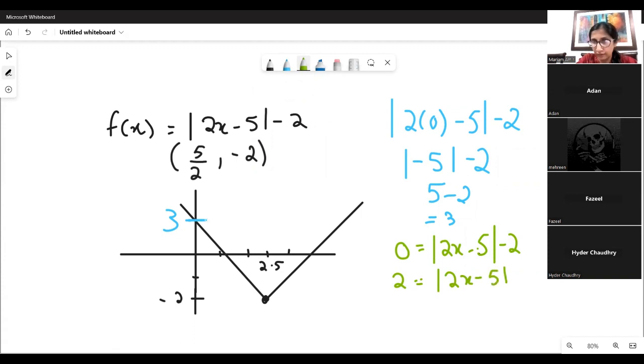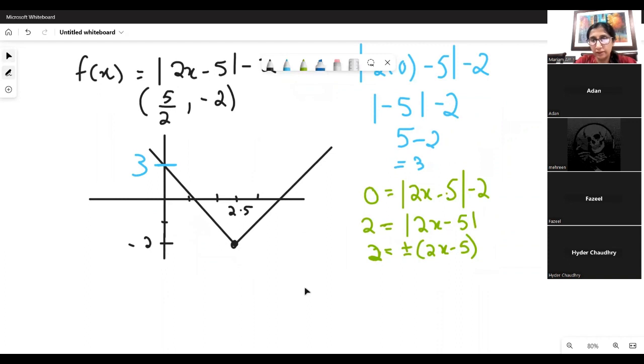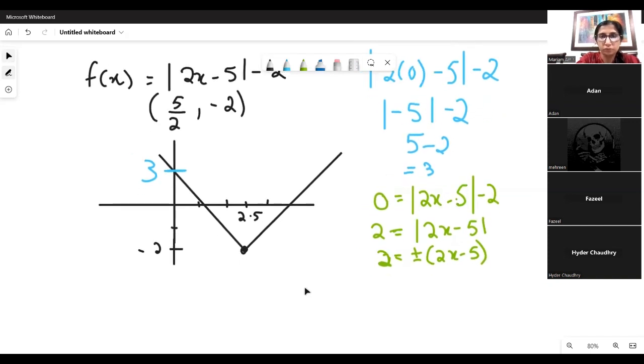We know how to solve this algebraically. Remove the modulus function and place plus minus: 2x minus 5 equals 2. Honestly, when you know graph sketching, you don't have to do such a long process. Finding the x intercept is a bit more straightforward, but since this question is in the book, we'll do it. 2 is equal to 2x minus 5, 2x is equal to 7 and x is equal to 7 divided by 2, 3.5.